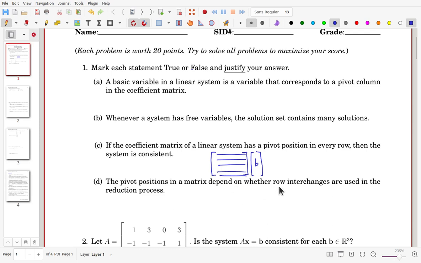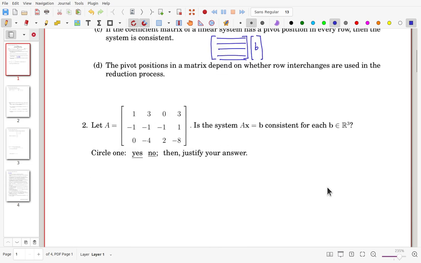Independently of row interchanges, the pivot positions will be decided when the reduction reaches an echelon form, so it is independent of the use of row interchanges.